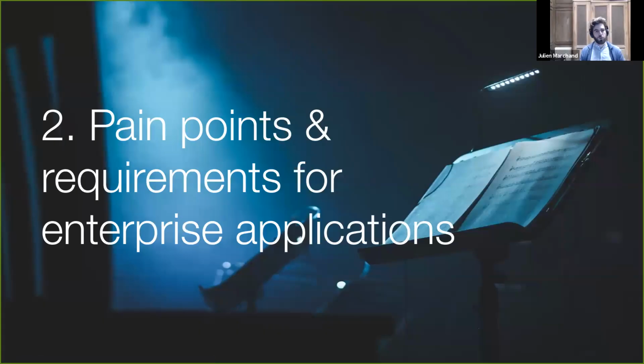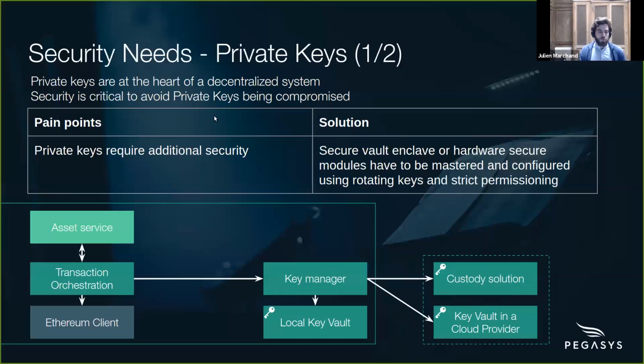Okay, so moving on to the second section regarding the pain points and the requirements for enterprise applications. We will go through a list of the pain points that we have faced and the solution that we advise you to implement. The first one is related to the security needs, and especially the private key issues, the fact that you need to properly handle your private keys.